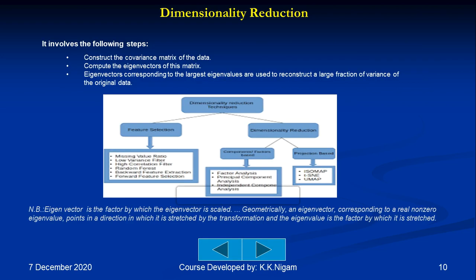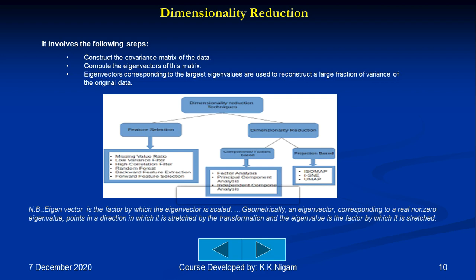It involves the following steps: construct the covariance matrix of the data, compute the eigenvectors of this matrix. Eigenvectors corresponding to the largest eigenvalues are used to reconstruct a large fraction of the variance of the original data. And what is an eigenvector? Let's try and understand that also.